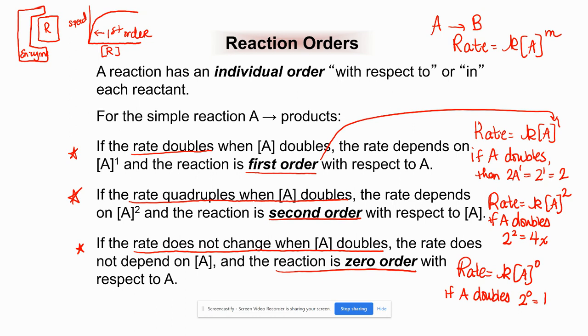But if we keep adding reactant, notice this top part, the speed plateaus. And what's that showing? That means that you can keep adding reactant, but the speed of reaction doesn't change.